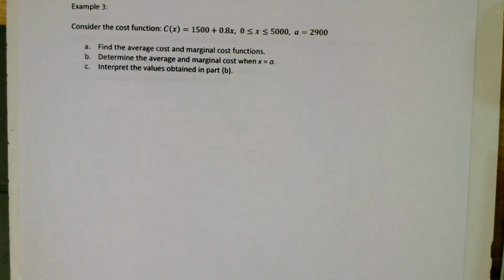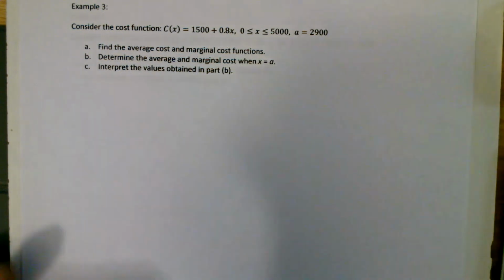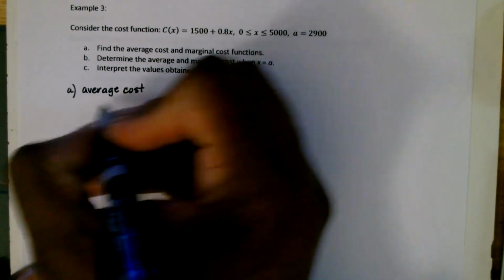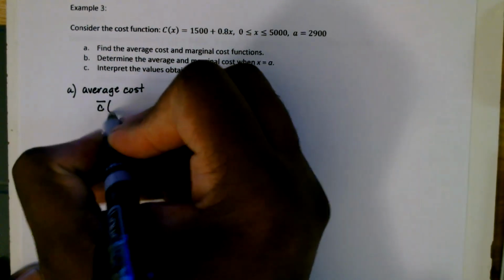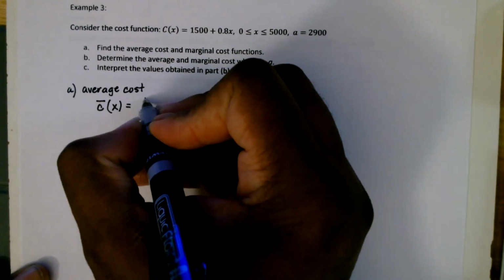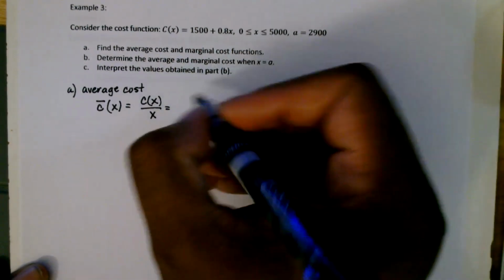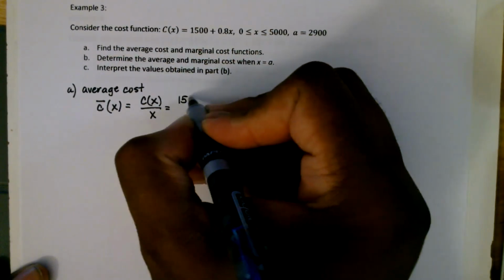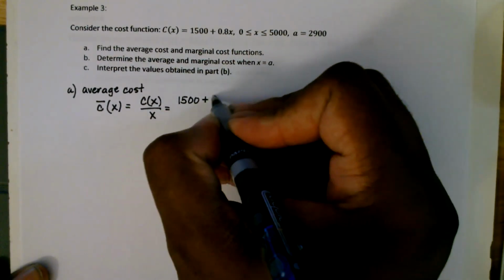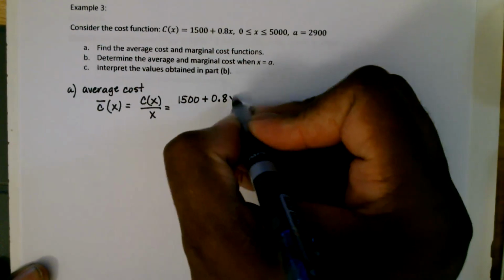All right, so in this case here, let's look at part A, finding the average cost and then the marginal cost. Of course, the average cost, the way you find that would be C bar of x. That would be your cost function divided by x. So the cost function was 1500 plus 0.8x.